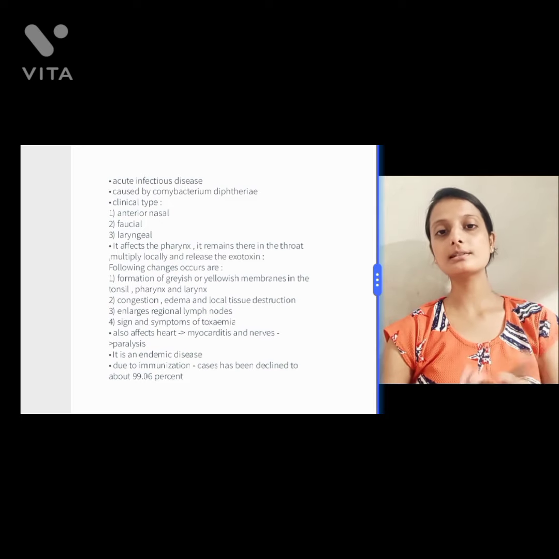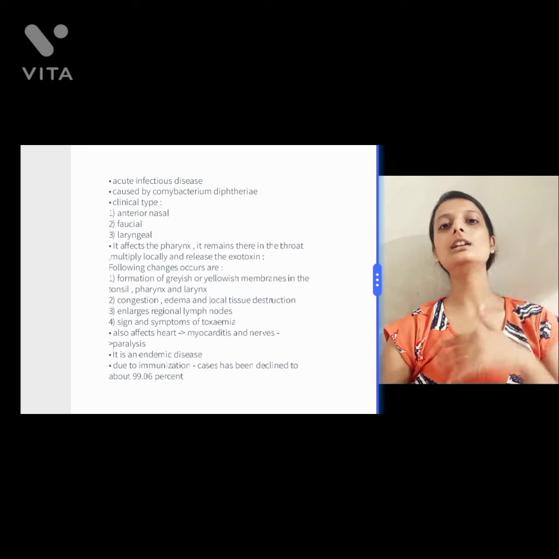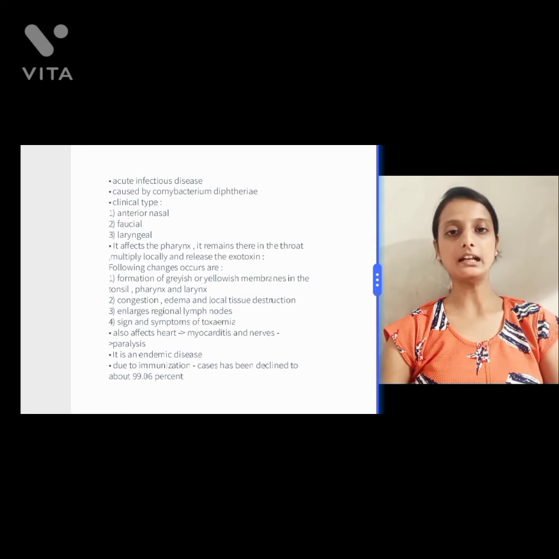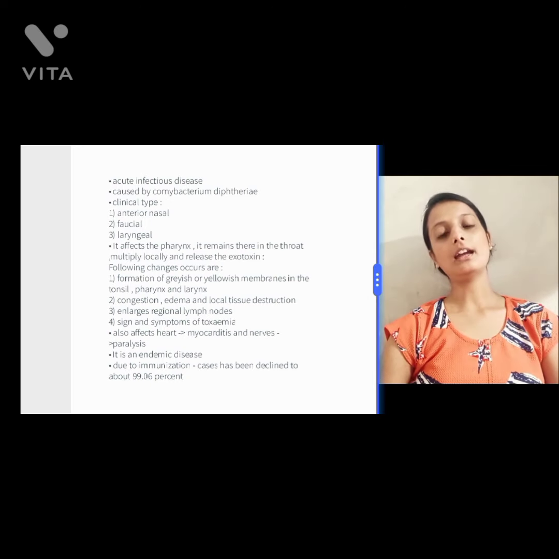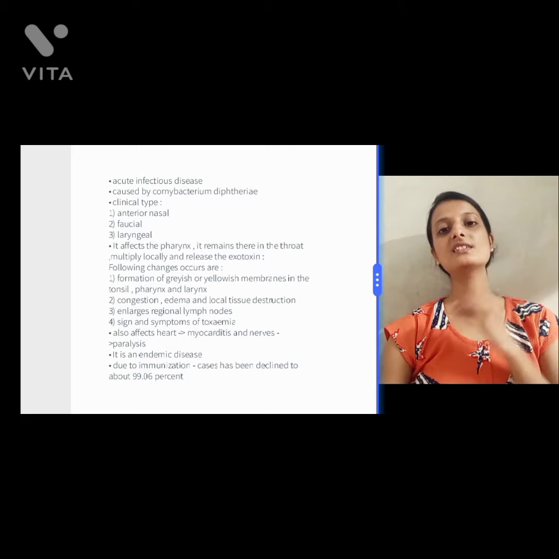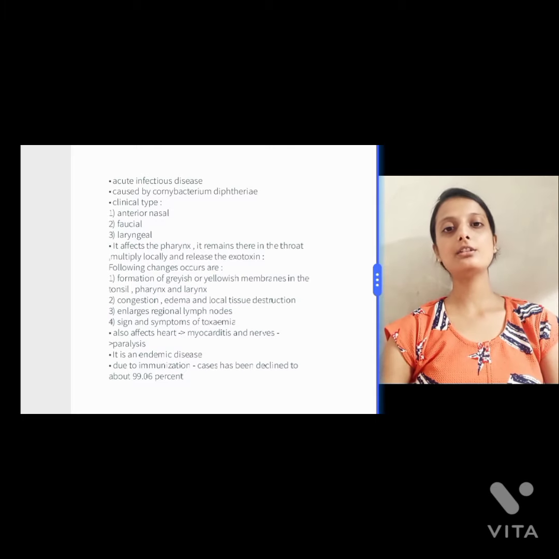What is causing this disease? It is Corynebacterium diphtheriae. What it affects is the pharynx, and clinically we have divided it into three types. We have seen it is an endemic disease, and due to immunization this disease has declined over the years.